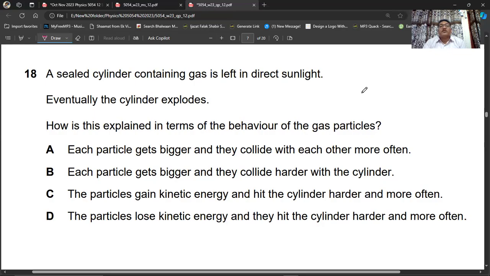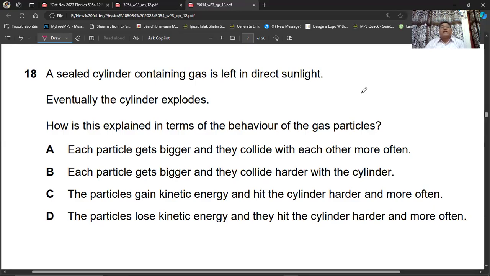How is this explained in terms of the behavior of the gas particles? Because the volume is constant, when the temperature rises, the molecules will collide more frequently, they will exert more force on the walls of the cylinder, and the pressure of the gas inside the cylinder will increase, and that will cause the explosion.